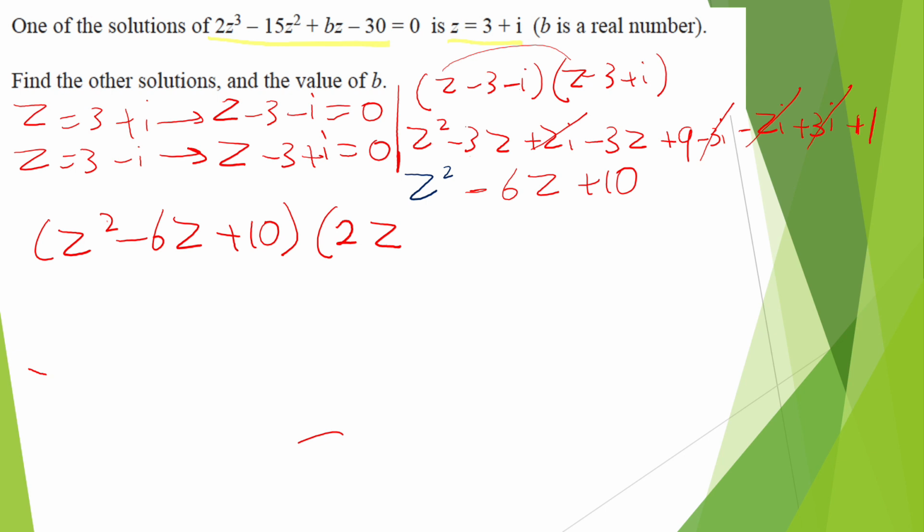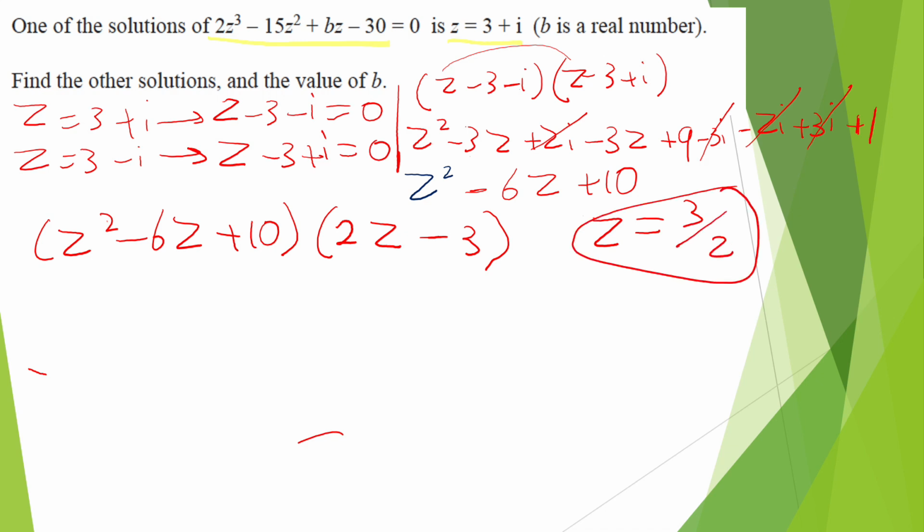The constants need to be multiplied to get 30, so negative 3 definitely in this case. Therefore, the other factor would be z equals 3 over 2. So that's your third solution. So you've got the first solution, the second solution, and that's your third solution.